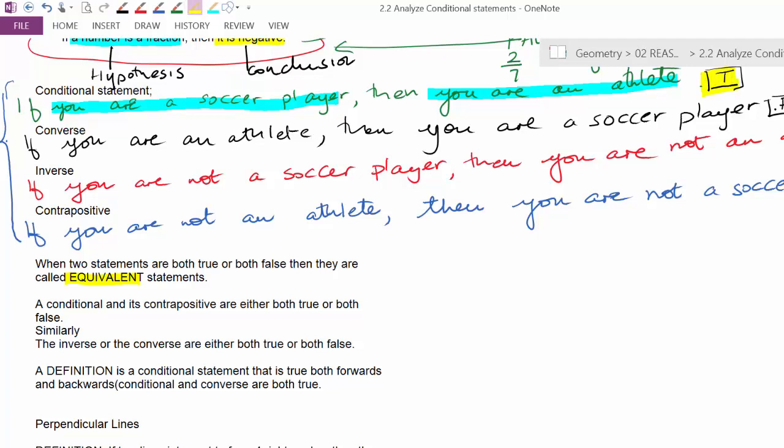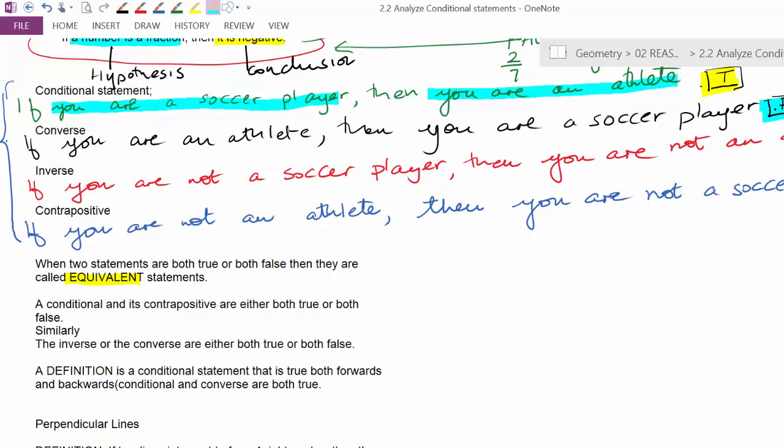Now look at the conditional and its contrapositive. They are both true and they are equivalent statements. Also look at the converse and the inverse. They are both false, so they are also equivalent statements.